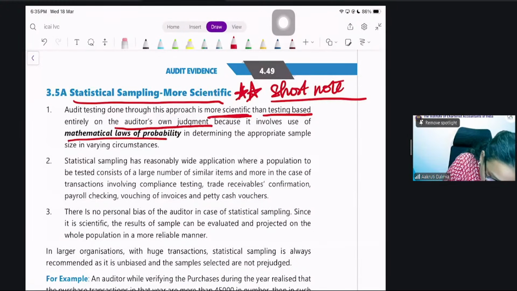It uses mathematical laws of probability. So whatever I am telling you, please underline that. You have to use those words when you are explaining this. So why is it more scientific? Because rather than using auditor's judgment, you are using mathematical laws of probability.